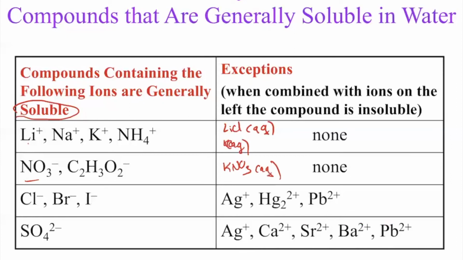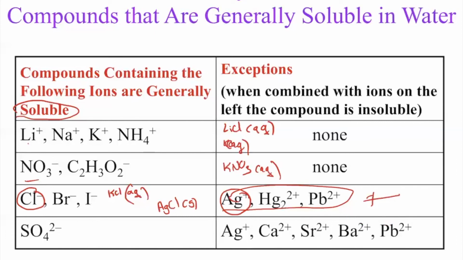Chlorine, bromine, and iodine are soluble except in the presence of this. For example, if you do potassium chloride, chlorine is here and potassium is not one of the exceptions, so I will write aqueous. However, if I do silver chloride, chloride says it's soluble except when you mix it with silver, so I will put the letter S, saying it's insoluble.